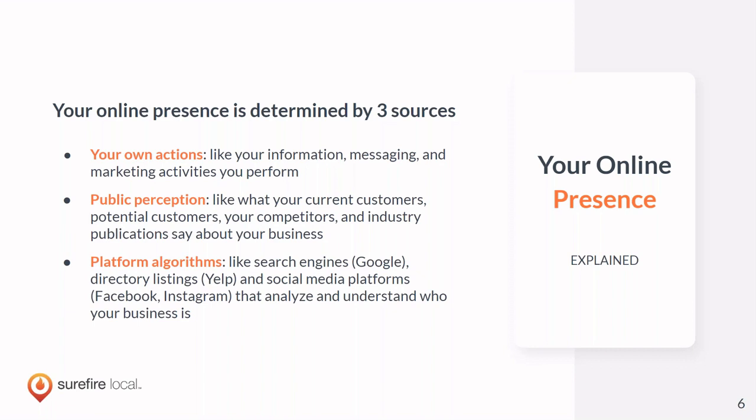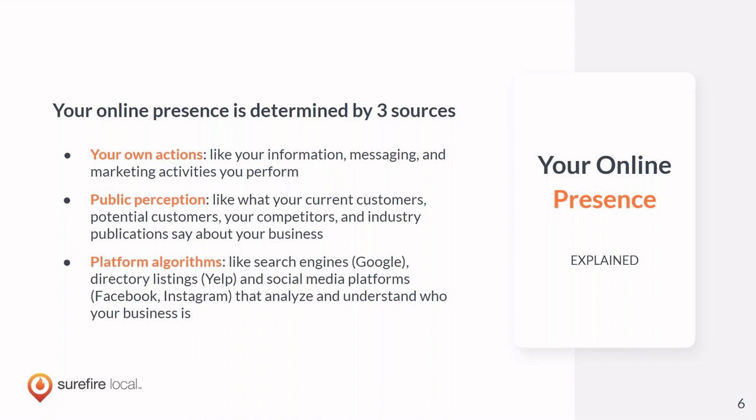And then third is the all-seeing algorithm, or the eye of Google, as one might put it. That accumulates the two factors of what you're doing and what your actions are online, and then how people perceive your business and those actions online. And the algorithm is what determines your place.